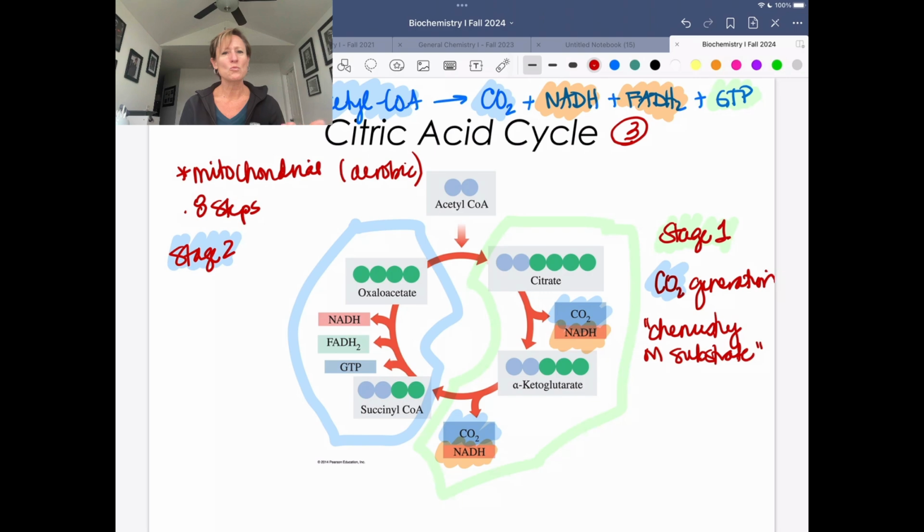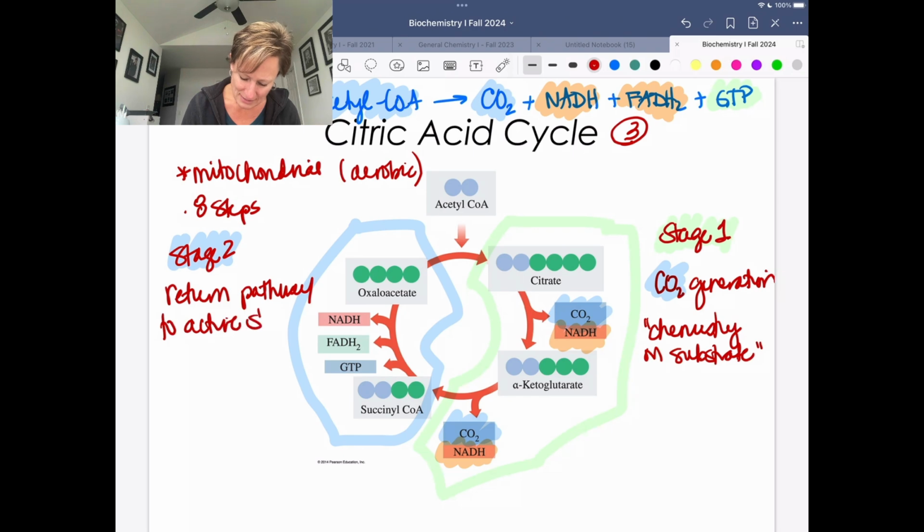So let's put that down in words here. What really happens in stage 2 is we need to return our pathway to the active state. And what that really means is we need to regenerate oxaloacetate.